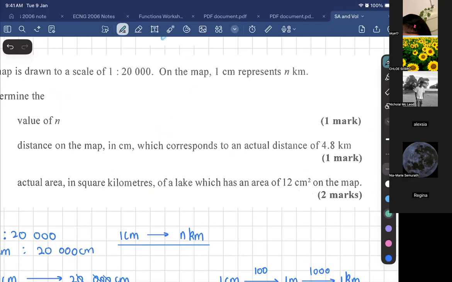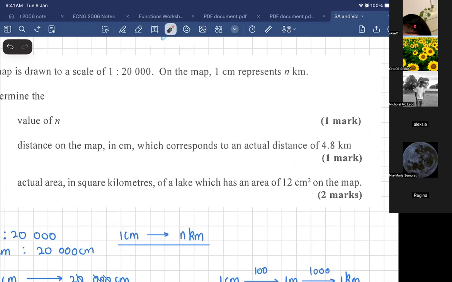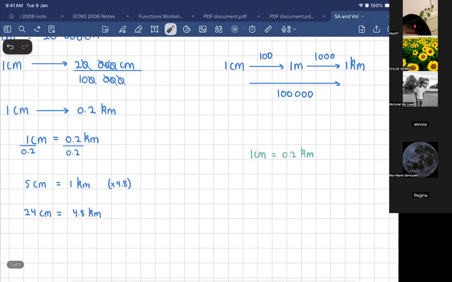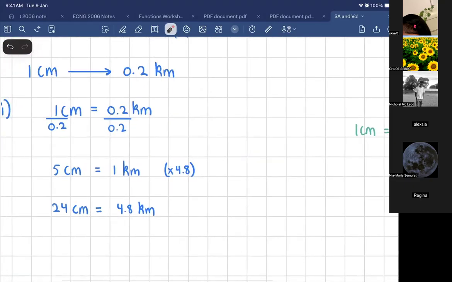You follow? Question, if I knew what distance corresponded to 1 kilometer on the map, I would just need to scale it up to find any distance. I'm not sure if you actually understand it.